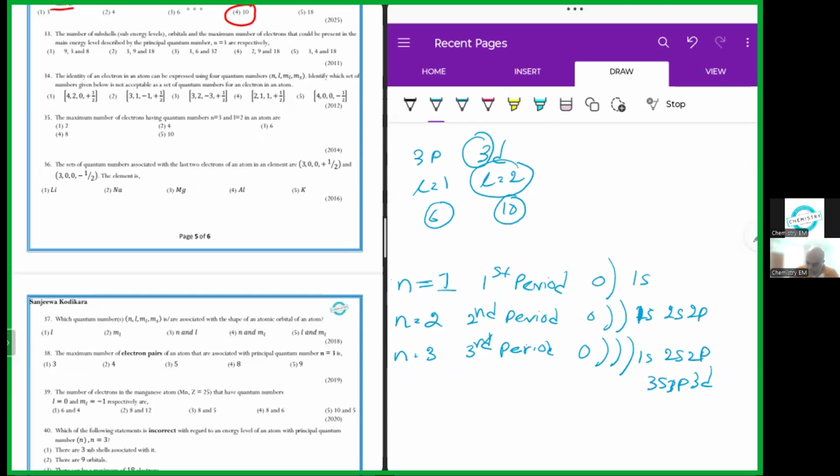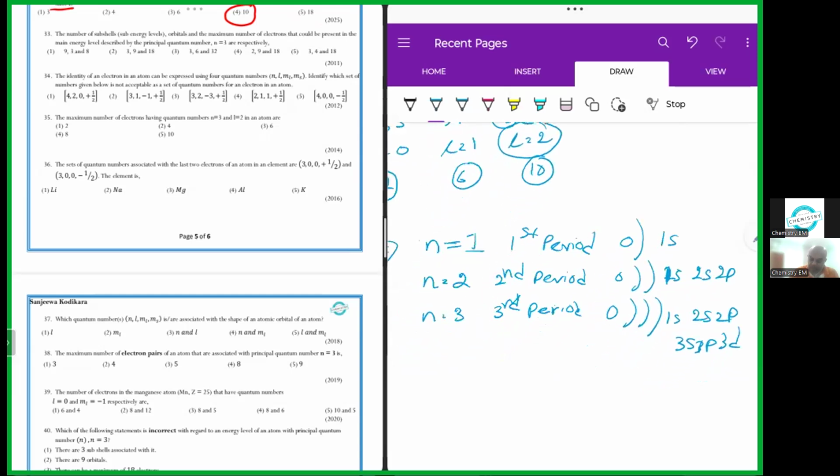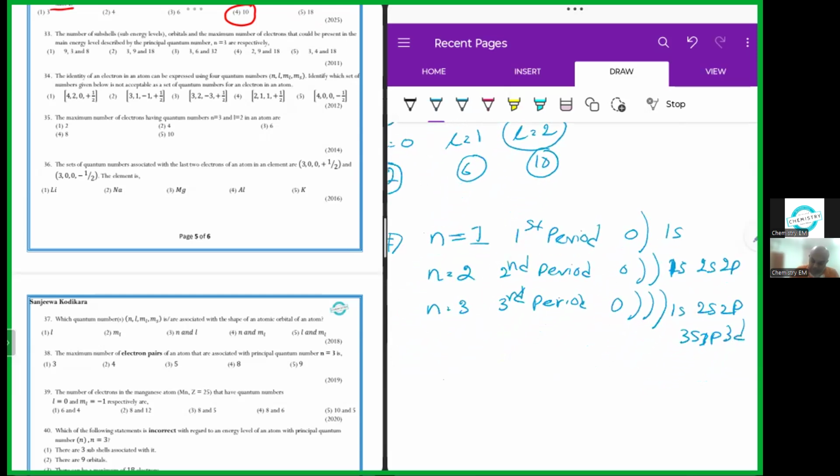Then, just by looking at the L value, you can decide the block of the element. If L is equal to 0, that belongs to S block. That means the final electron is filling into the S orbital. Right? When L is equal to 1, that is P block.